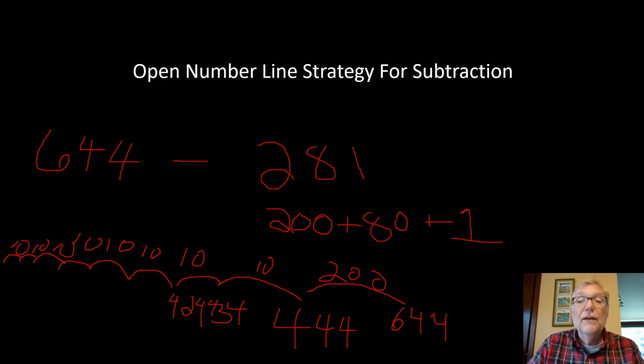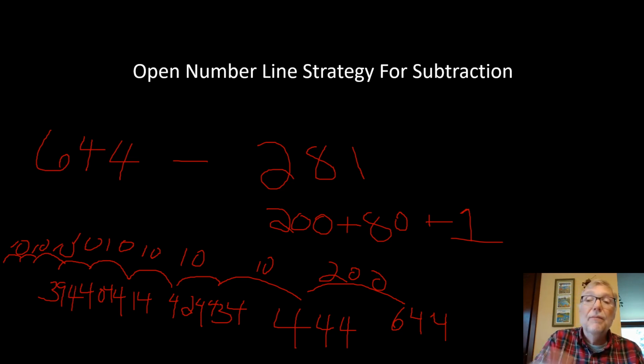And then that's 424, that's 414, 404, 394, and so on. So they can kind of see the pattern of how you're doing it. I kind of ran out of room. I was kind of messy here, but hopefully you get the point of what I'm doing.